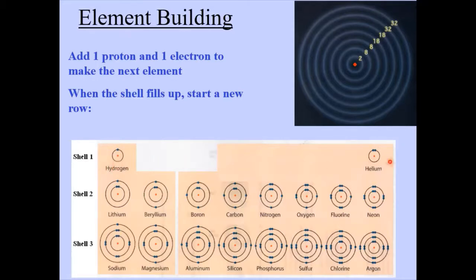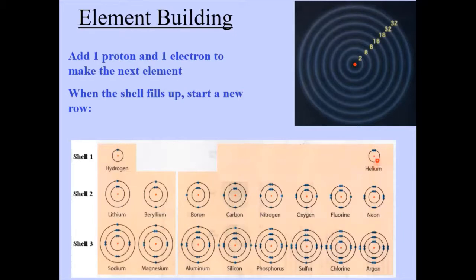Now helium has 2 protons, therefore 2 electrons. But both of those electrons can fit in this first shell because there are 2 seats, 2 available spots or energy states, they're called, for those electrons. So helium can be drawn like this.